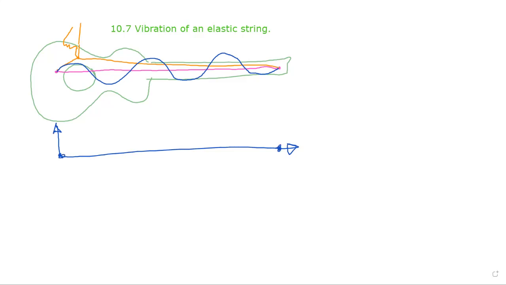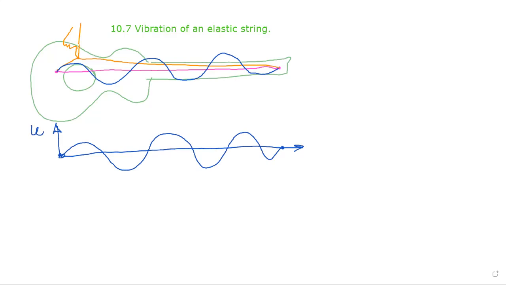I'm going to use variable x, which is going to be a spatial variable, the length of the string actually, right? And I'm going to use variable u, which is going to be the vertical deflection of the string.